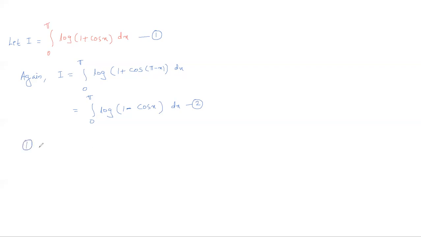Now adding 1 and 2, you will get 2I equal integral 0 to pi log 1 plus cos x plus log 1 minus cos x dx.